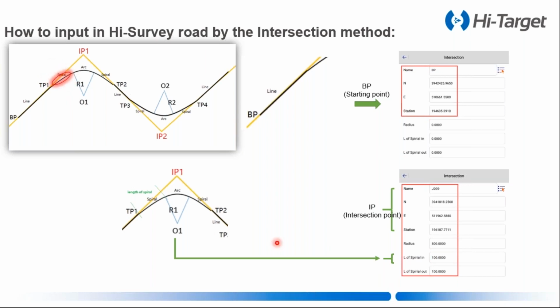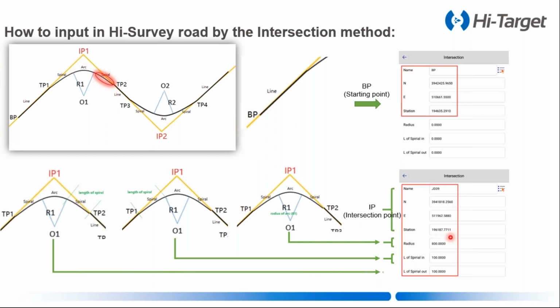It is named spiral in. And then input the radius of this circular curve here. After that, we input the spiral out, the length of spiral out here.